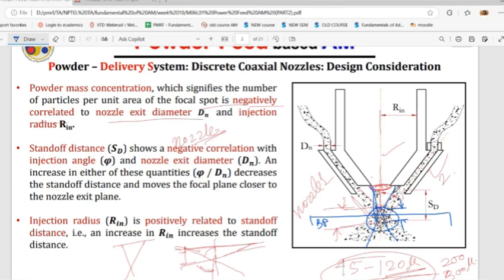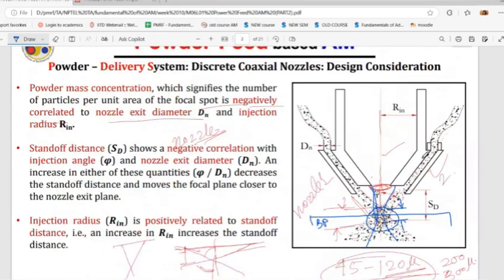But if your powder is reactive to the environment, like oxidation or water or moisture, then some powder can entrap moisture and will be waste, or can get oxidized in a humid environment. Then your powder is also a wastage. That's why powder handling is very important, and this wastage minimization is also one of the concerns of the powder DED process. So this is the design consideration.